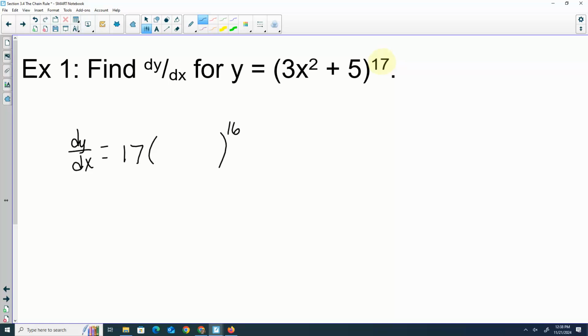When you're doing that, the inside stays the same. So we're basically starting with the derivative of the outside, the 17th power. The inside does not change. Then we have to multiply by the derivative of this inside part. What is the derivative of 3x squared plus 5?